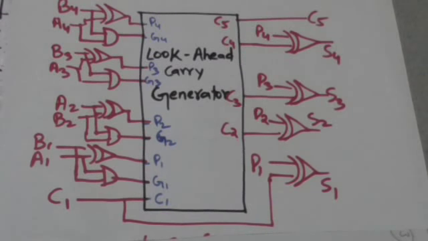Now if this binary parallel adder is connected to another binary parallel adder in such a way that the output carry of that binary parallel adder is connected to the input carry of the first full adder of this binary parallel adder, then the value of C1 will be equal to the output carry of that binary parallel adder.